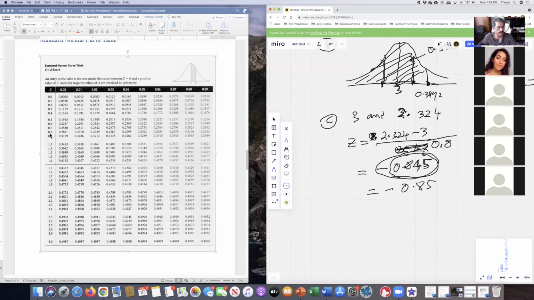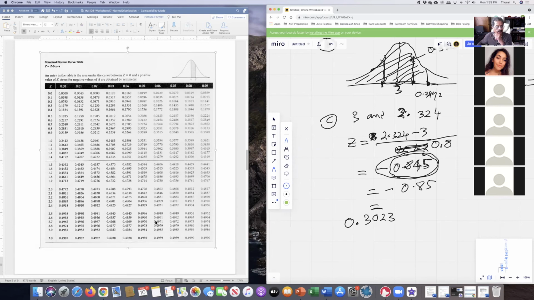Then go over to 0.05 and the number is 0.3023. So the answer is 0.3023. That's the area between 3 and that number given to us, 2.324.